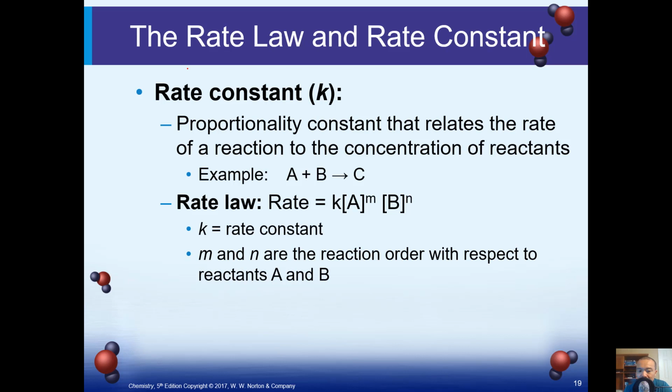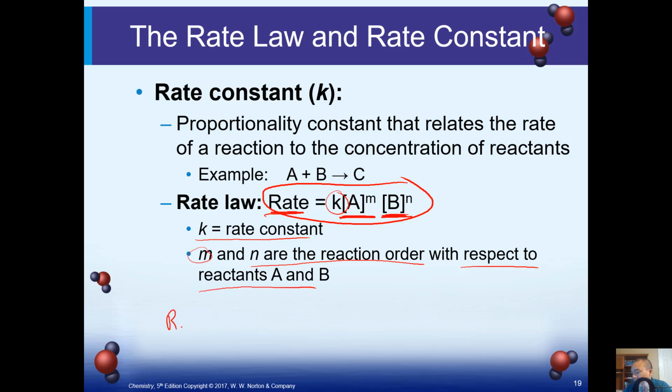A rate law can be mathematically expressed as this, which tells you the rate is dependent on the reactant concentration, and the K is the rate constant. M and N are the reaction orders with respect to the corresponding reactants A and B.